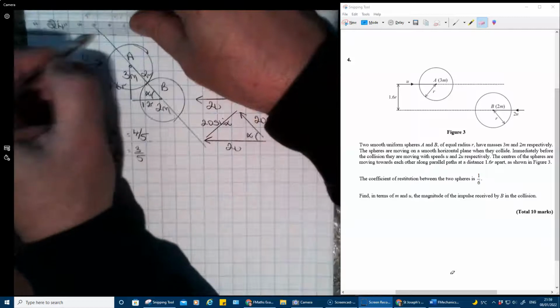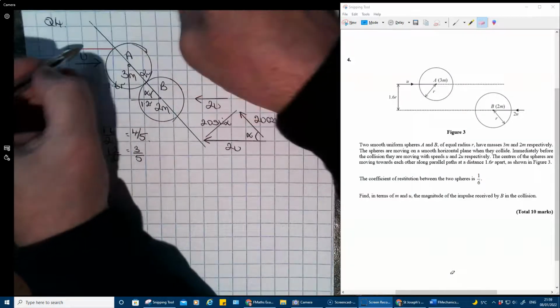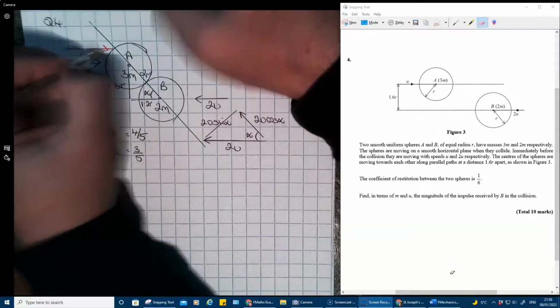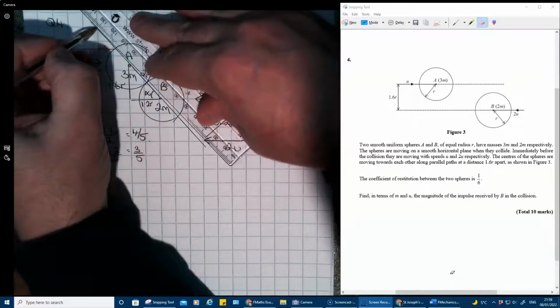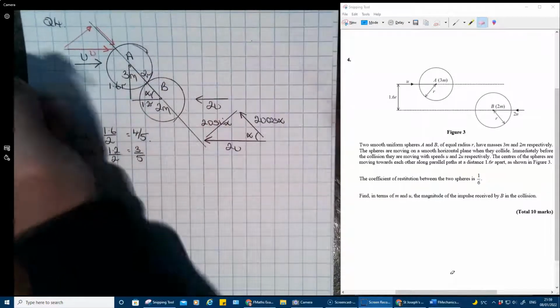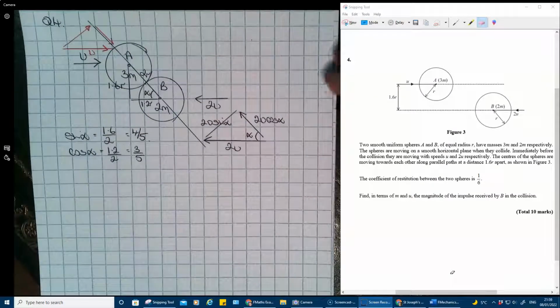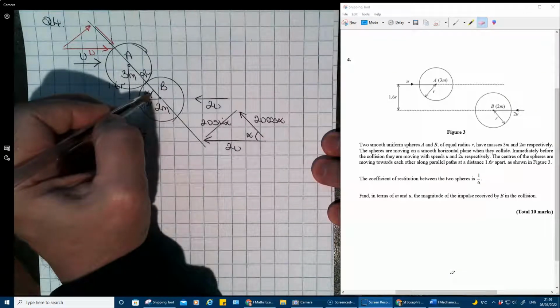We do a similar thing for the one at the top here. So this comes in with u. And again, it's got two components, that direction and that direction. We've got to find the angle alpha, obviously, first. Alpha's here.